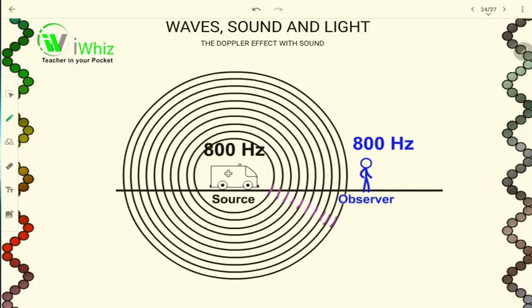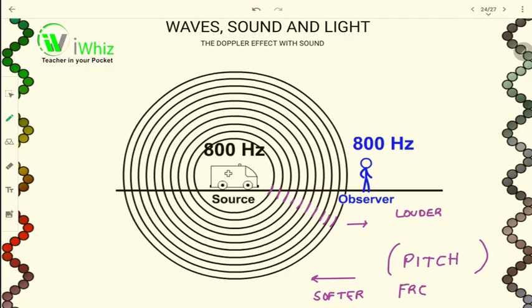And we said as it approaches the observer, they will get a higher frequency, so it would appear louder. As it moves away from the observer, this would appear to be softer. And what we speak about in regards to this is something called the pitch. And in order for us to look at the pitch, we look at the frequency.